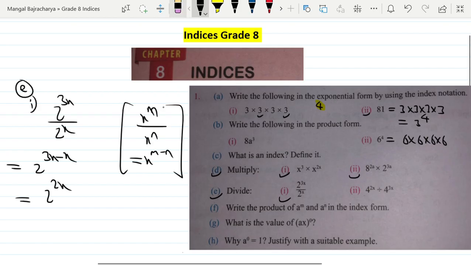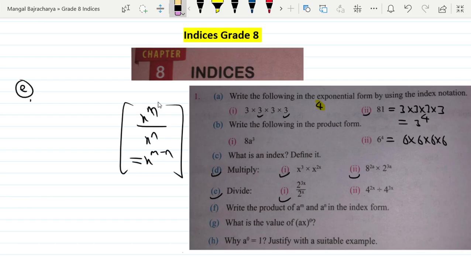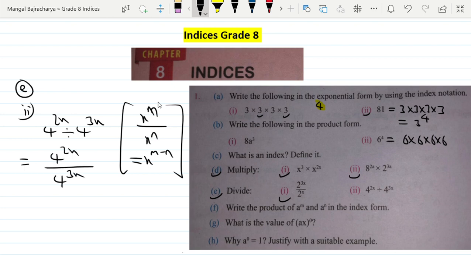Now we go with the second number. In the second number there is 4 power 2x divided by 4 power 3x, right? The division sign we can write using the over sign. So 4 power 2x over 4 power 3x, or 4 power 2x divided by 4 power 3x, and our concept is the same.